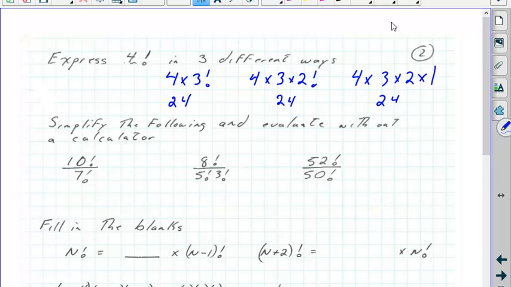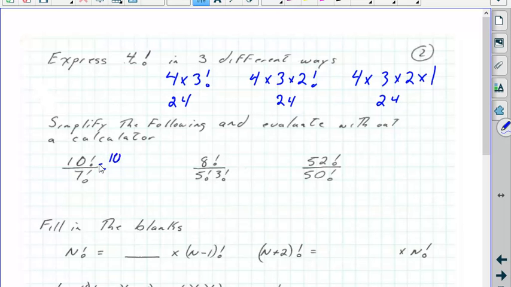Now, what this allows us to do, the different ways of writing the factorials, allow us to take the calculator out of this. If I want to know the number for 10 factorial over 7 factorial, obviously we are able to do that with a calculator. But 10 factorial is going to be a bigger number. How many times bigger? I don't know.